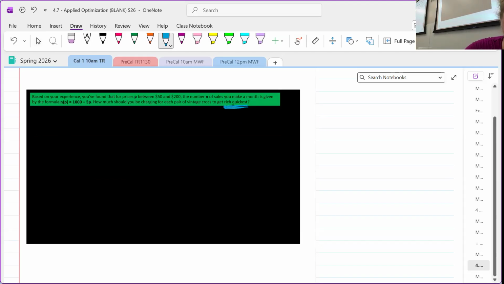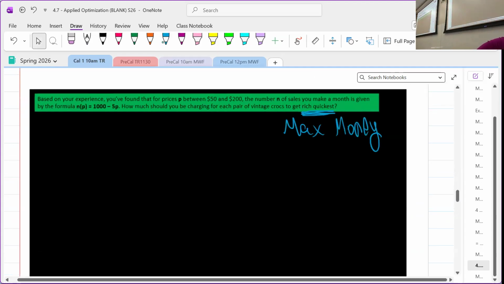So our get rich quickest, we're trying to maximize money. So I've got two variables set up by the problem. I've got the price of each pair of Crocs, and I've got the number of sales I can sell for the Crocs. So P and N. On these problems, especially when the question sets up variables for me, I like to write down the variables and write down what they represent.